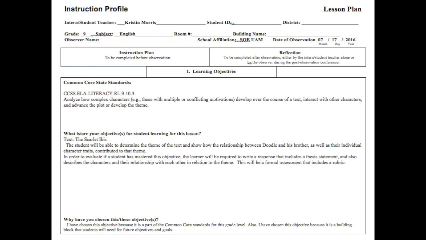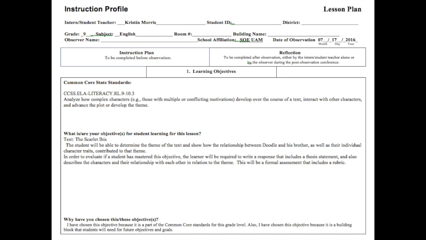And it shows the relationship between the two brothers and how they grow up, and themes of pride contribute to the development of the story and the development of the characters, and it plays a major role in the theme. So the student will be able to determine the theme of the text and show how the relationship between Doodle and his brother, as well as their individual character traits, contributed to that theme.